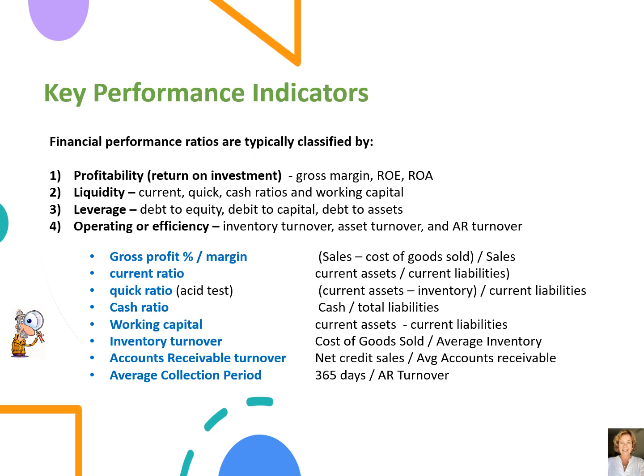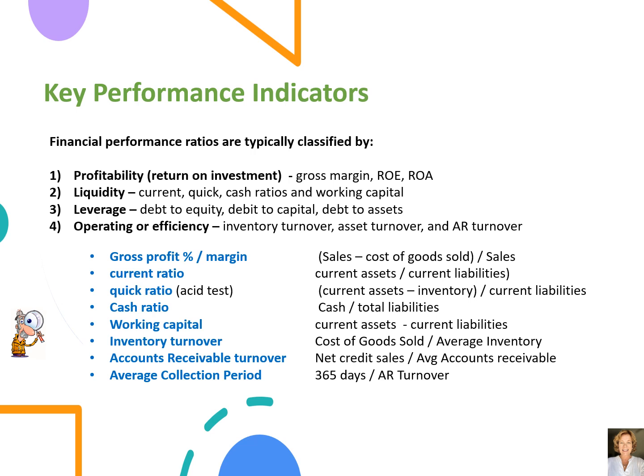Financial performance ratios are typically classified by either profitability, which is a return on investment, such as gross margin, return on equity, and return on assets.